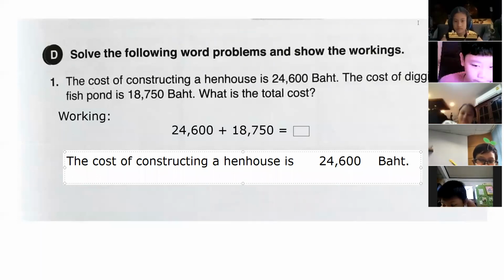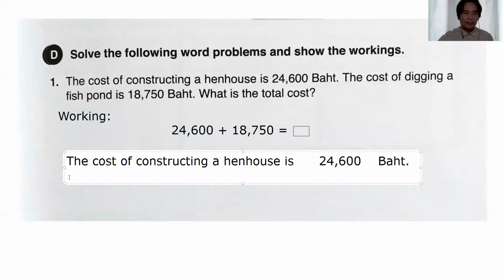Okay, what should be the second sentence? The cost of digging a fish pond. Do you know what is a fish pond?